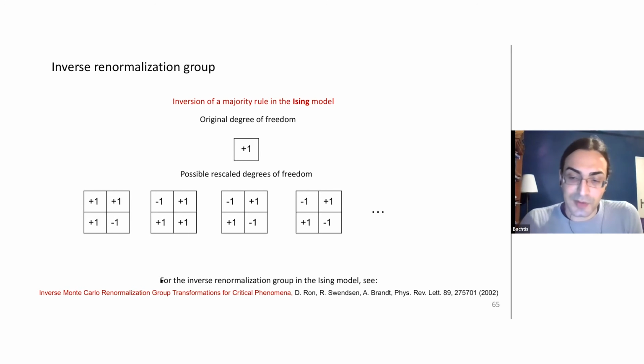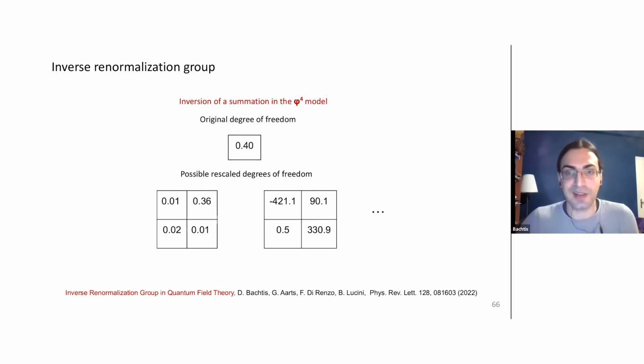Now, even though this looks complicated, at the same time, it's simple compared to the case where we have a system with continuous degrees of freedom, such as the phi to the 4 theory or any other system. So if we consider that we have this original degree of freedom and we want to invert a simple summation, then we literally have an infinite number of possible rescaled degrees of freedom.